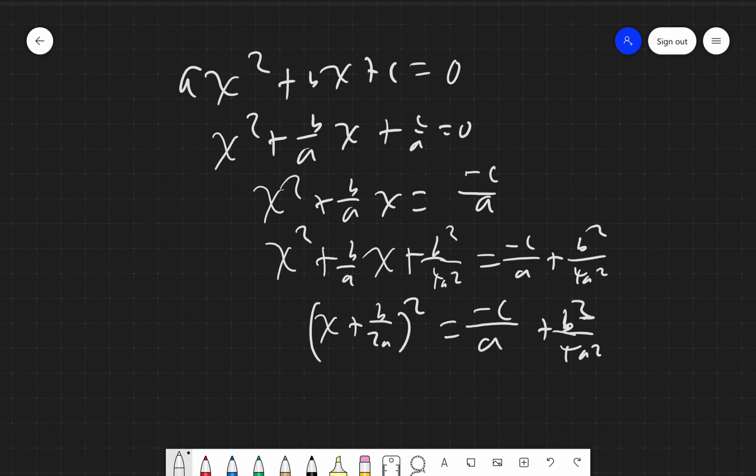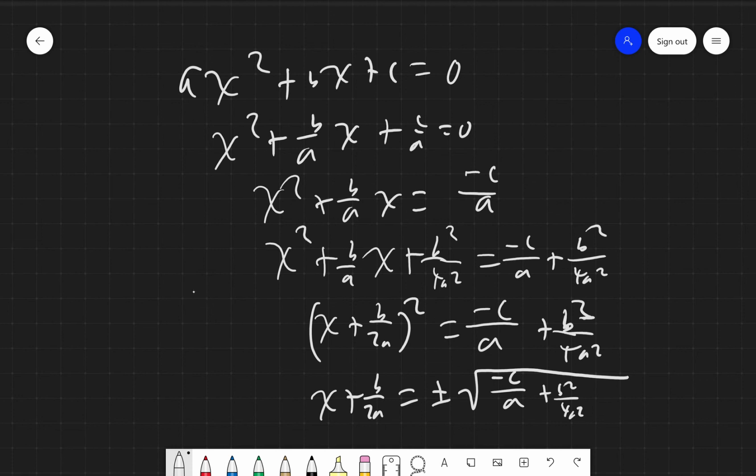Alright, not too nice so far. We take the positive or negative square root to get x plus b over 2a equals plus or minus the square root of negative c over a plus b squared over 4a squared. Then we subtract b over 2a.